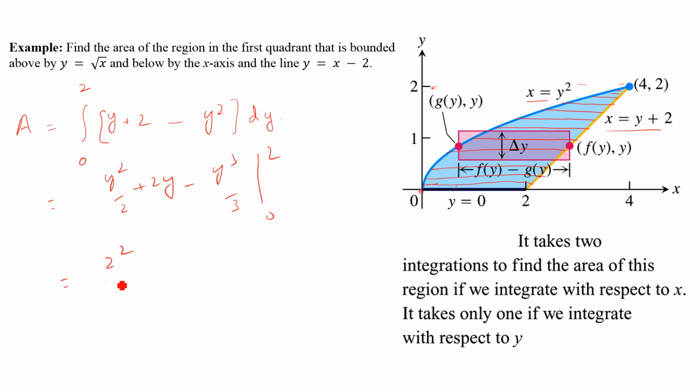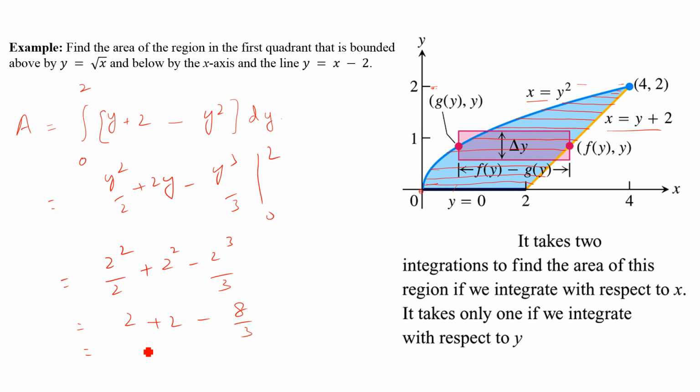This is equal to 2 square over 2 plus 2 times 2 minus 2 cube over 3, minus 0 of course. This is equal to 2 plus 2 minus 8 over 3.